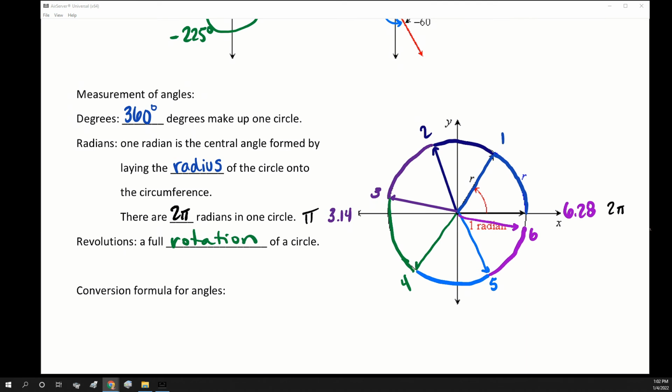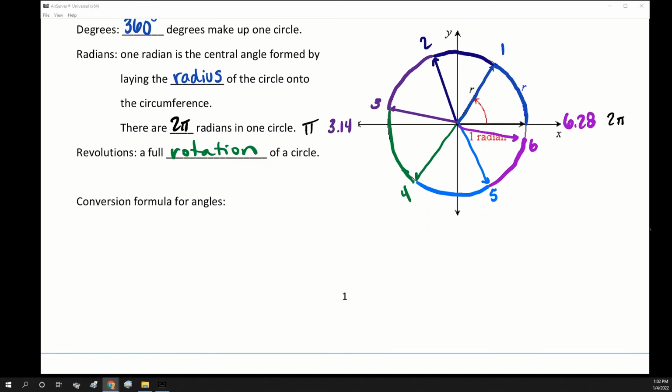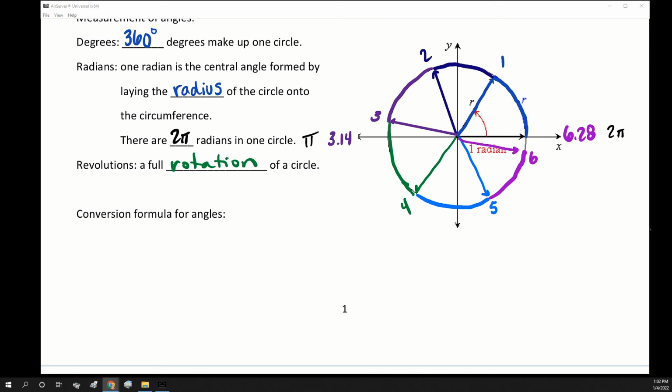Okay. So one thing we're going to be doing today is going back and forth between degrees and radians. So we can use what we just figured out. We know a full rotation or 1 revolution originally we said was 360 degrees, but then we also know that is 2 pi radians.